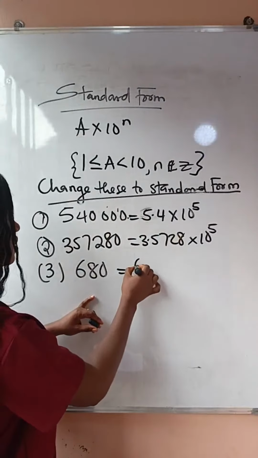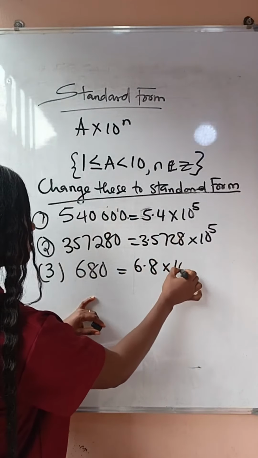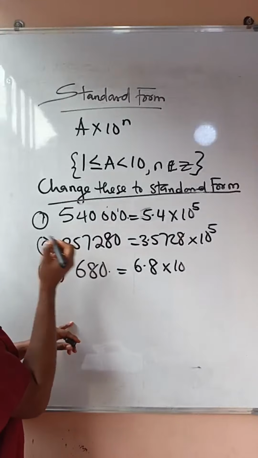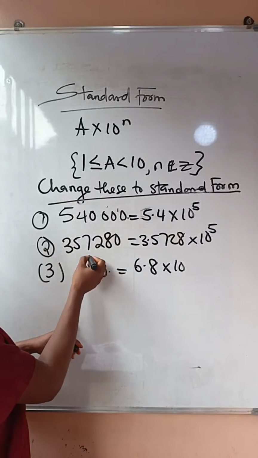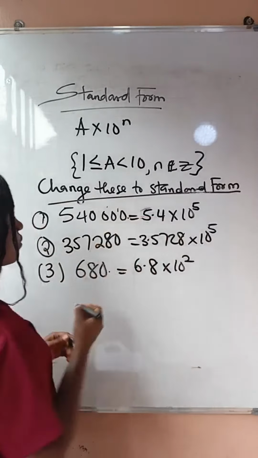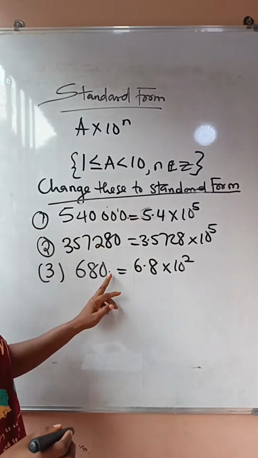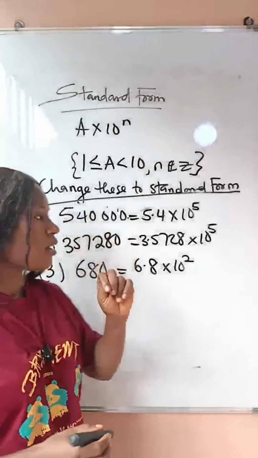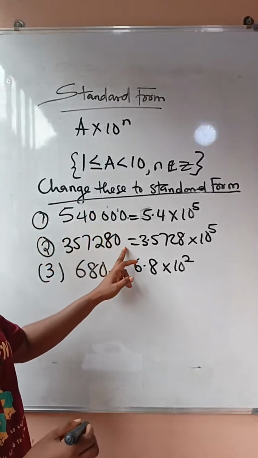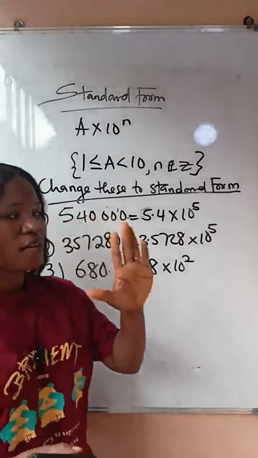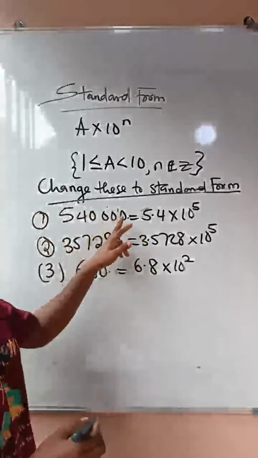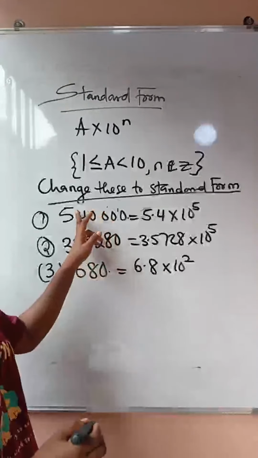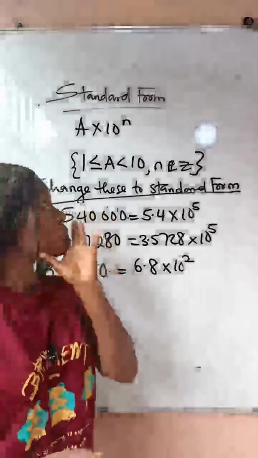So it's going to be 6.8 times 10 to the power of. The decimal point was here, so we count 1, 2. That is positive 2, because we shifted the decimal point to the left twice. This one we shifted the decimal point to the left 5 times, and this we shifted the decimal point to the left 5 times as well.